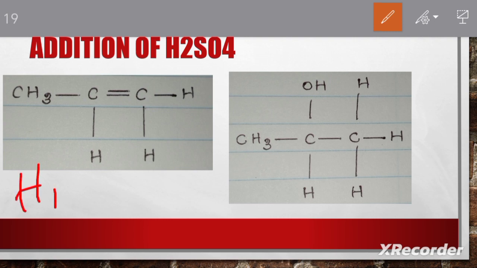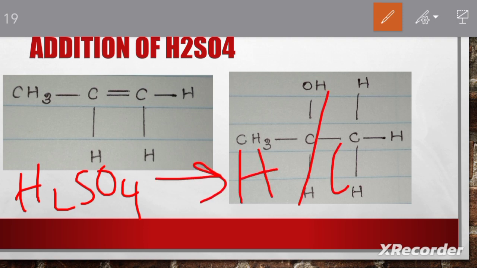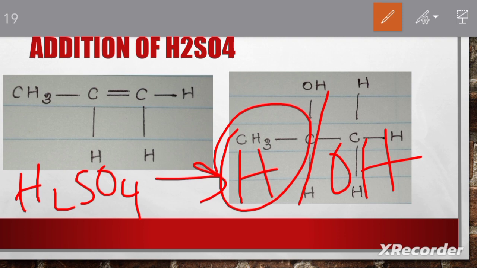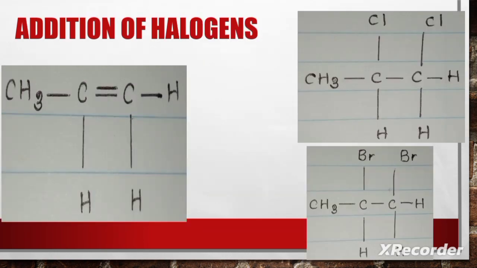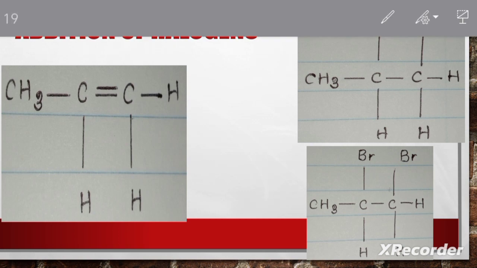When you add H2SO4 to an alkene or alkyne, hydrogen and OH add to the molecule. Hydrogen goes to the carbon with more number of hydrogen and OH goes to the carbon with less number of hydrogen.